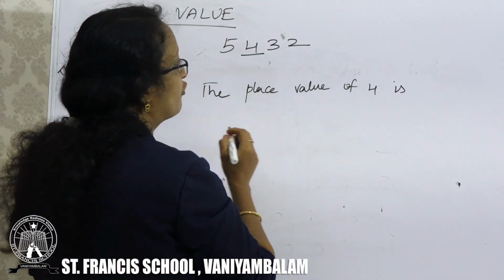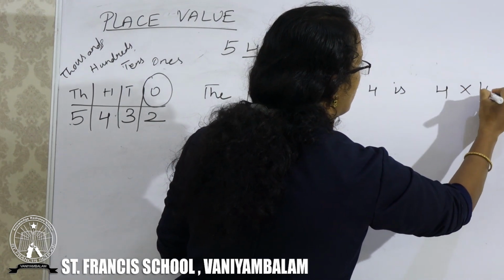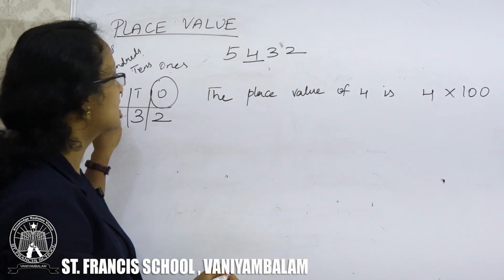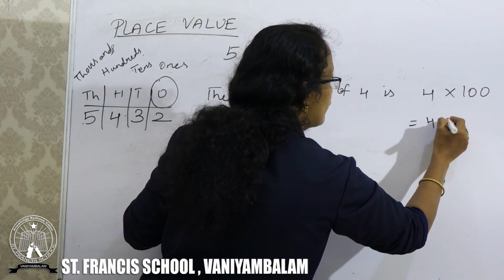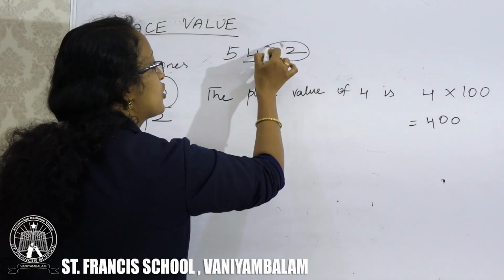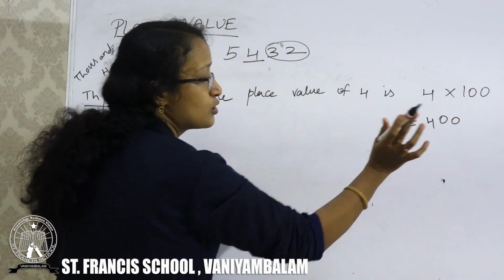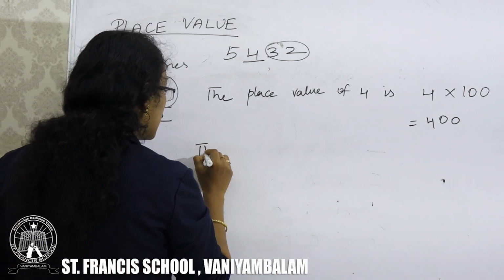What is the value of the place? Is 4 into, where 4 lies? In hundreds place. So 4 into 100 is 400. Just write the 4 here. How many digits you have after 4? 2 digits. So put 2 zeros. That is the answer.